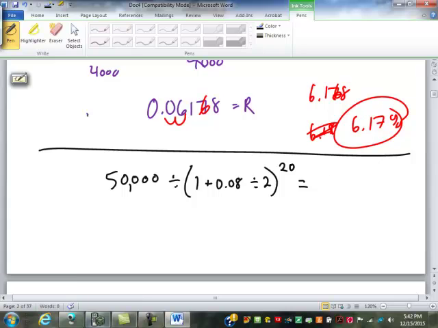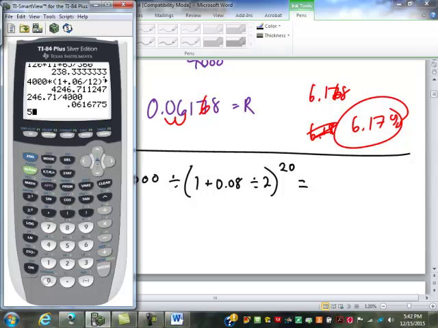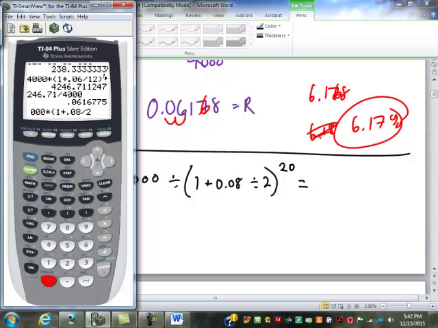Now this is when you actually could use the table in the book because that factor does appear in the table. The calculator tells us it is, oops, I did that wrong.